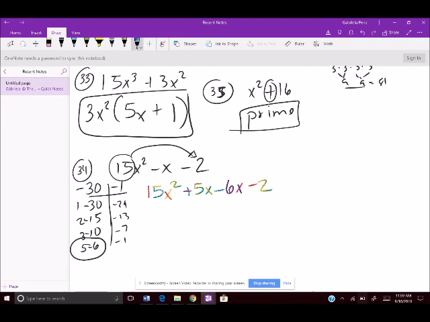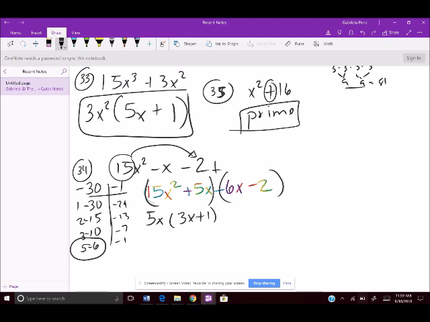So we're supposed to do this by grouping. Remember that? So what do the first two have in common? 5x. So when I factor out a 5x from 15x squared, what do I have left over? 3x plus 1.